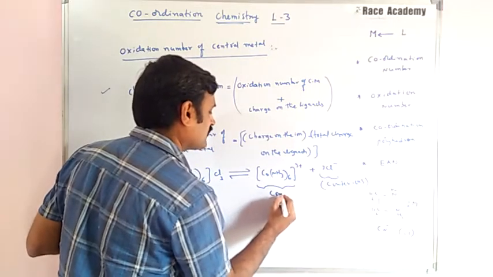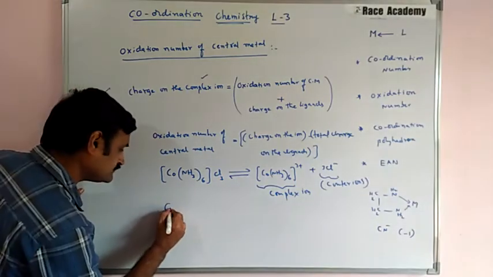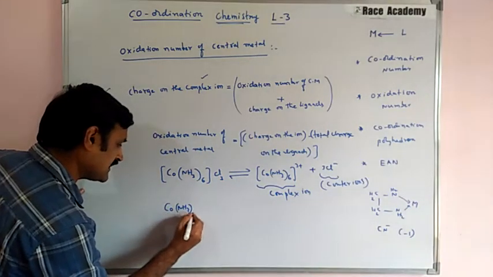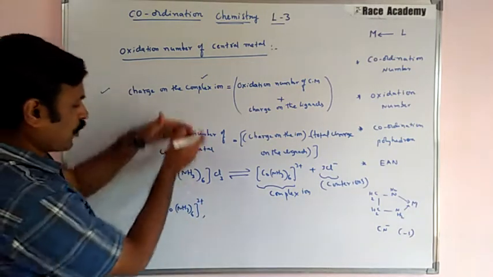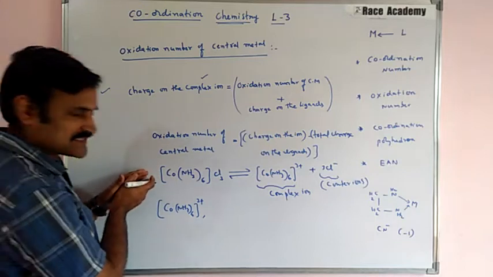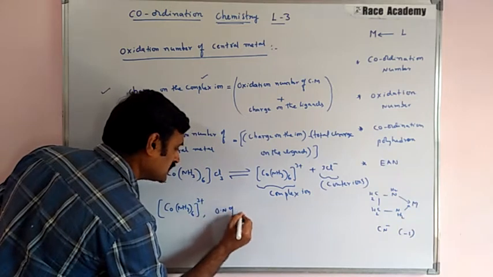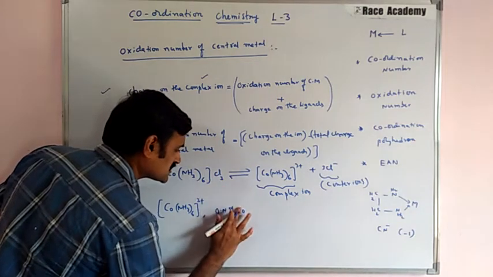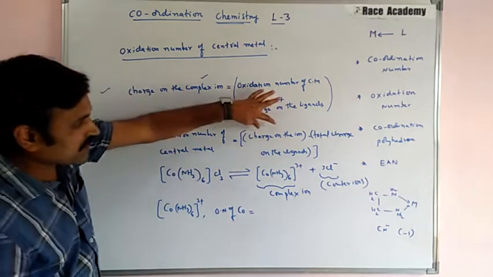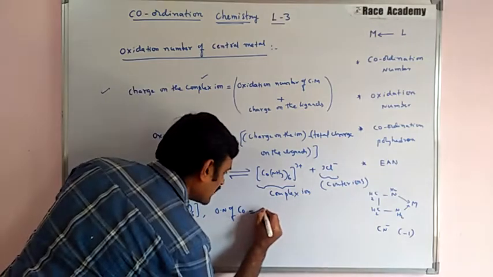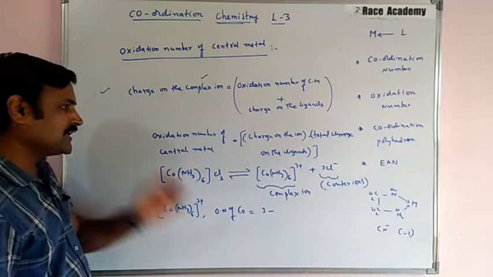What is the complex ion we have obtained here? It is the cobalt complex ion [Co(NH3)6]3+. In this complex ion we have to find the oxidation number of cobalt. So the oxidation number of Co is equal to the charge on the ion, 3, minus the total charge on the ligands.